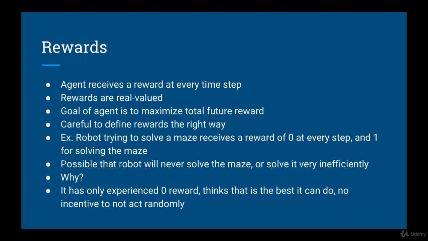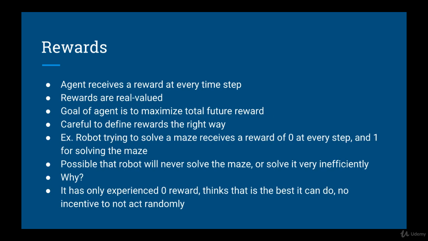Rewards are what you get at every step of the game. Remember that rewards are real valued, and the goal of an agent is to maximize the total future reward. Remember that we have to be careful about how we define rewards. If we have a robot trying to solve a maze, and we give it 0 reward at every time step, and 1 for solving the maze, then it's possible that the robot will never solve the maze, or solve it very inefficiently.